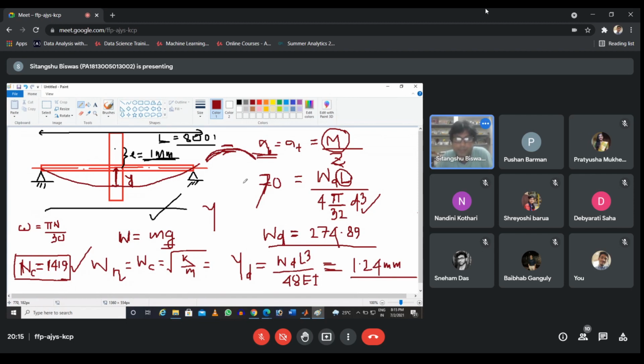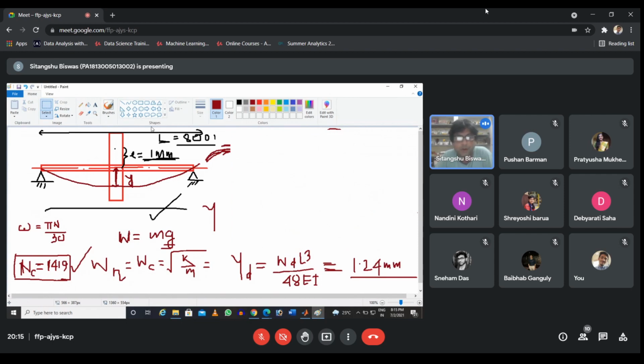Now we know the formula of dynamic deflection, that is y equals omega by omega n square into eccentricity divided by 1 minus omega by omega n square.